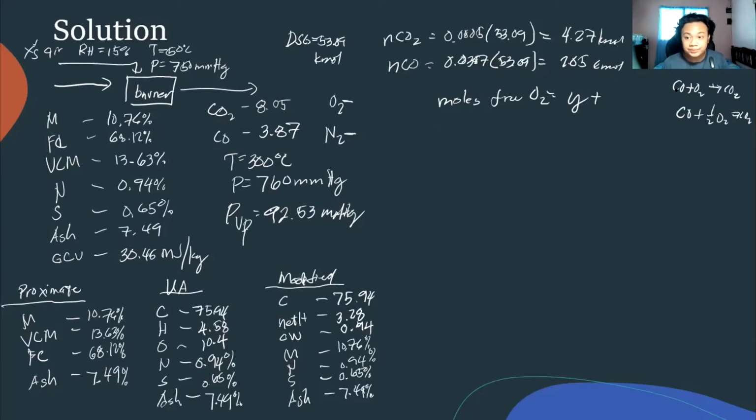That's the O2 that we are getting. So 2.05 divided by 2. That's the complete combustion of CO. That's the moles of O2 needed so that we get complete combustion to CO2, plus the moles of free O2.